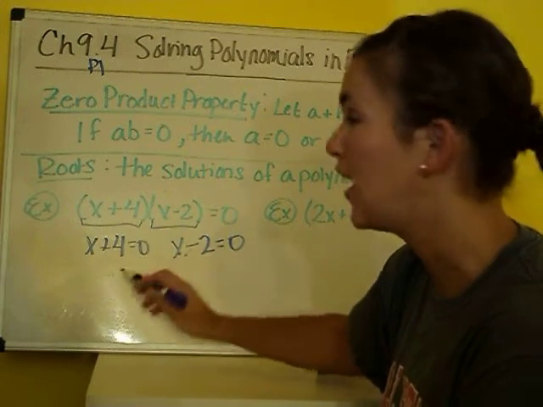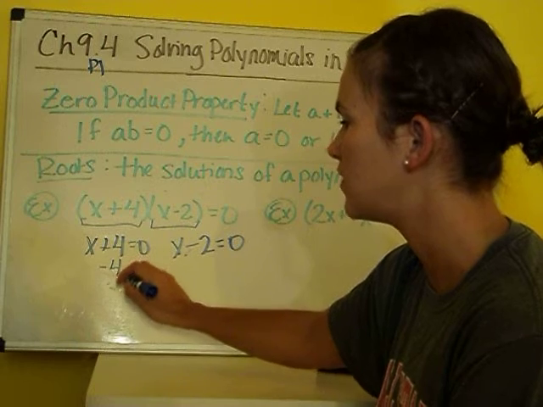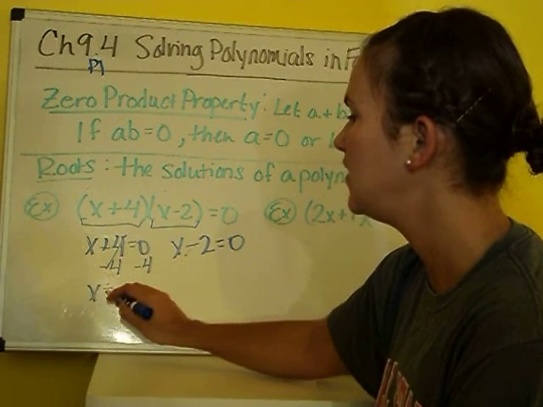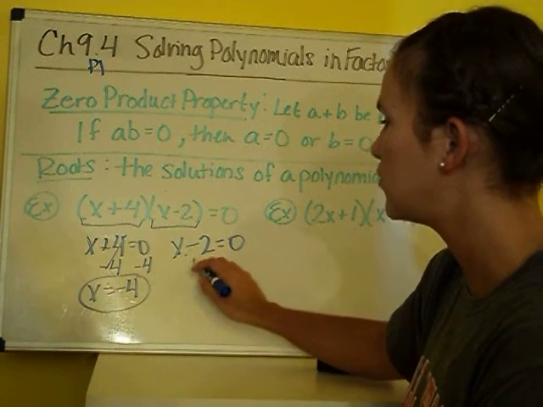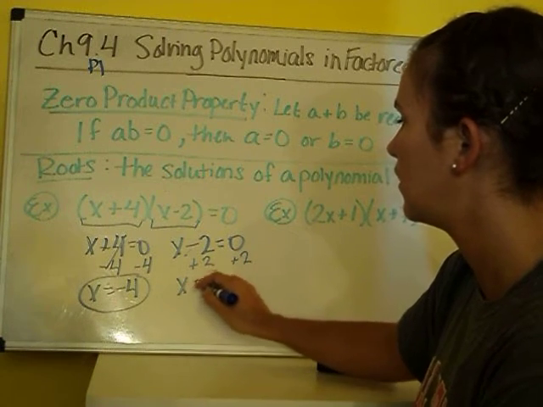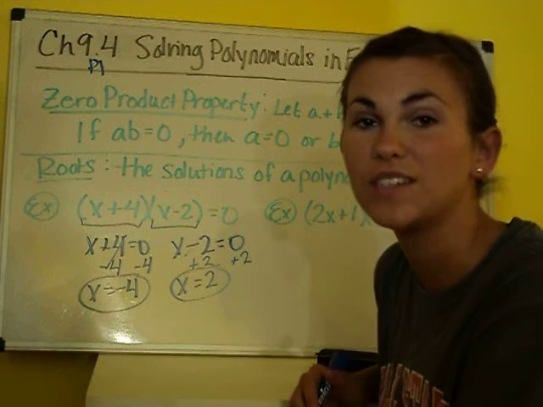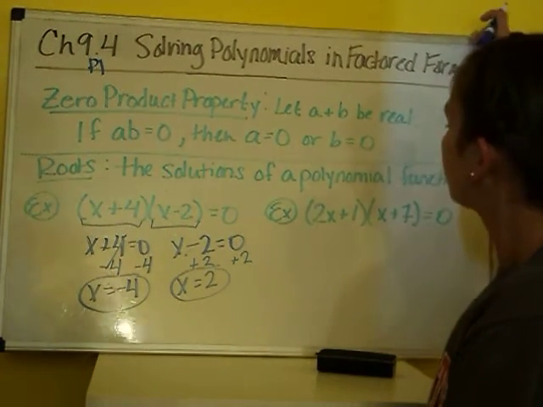Then we just solve these for x. If x plus 4 equals 0, we use our inverse operation of subtracting 4, so we get x equals negative 4. Here, if we're subtracting 2, we add 2 on both sides, so x equals 2. We have two answers, x equals negative 4 and x equals 2, and then we're done.